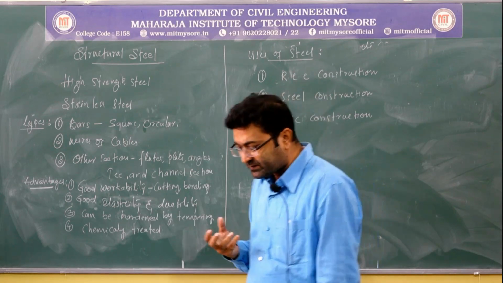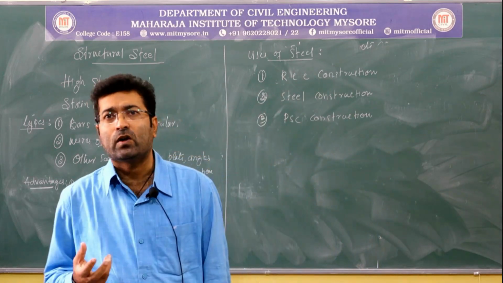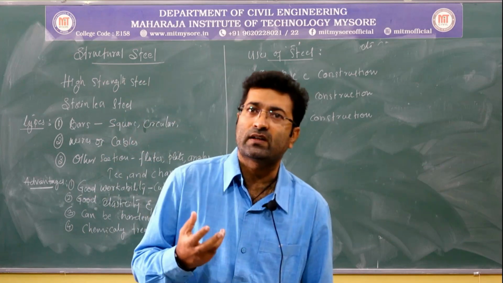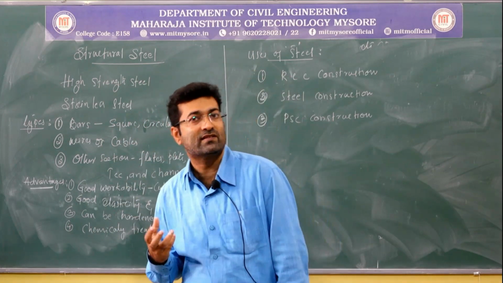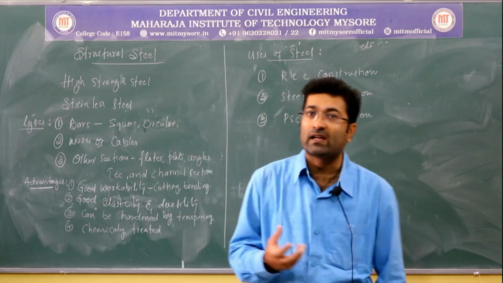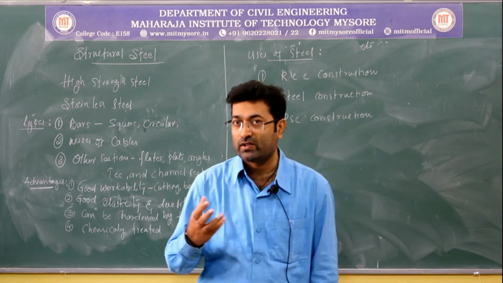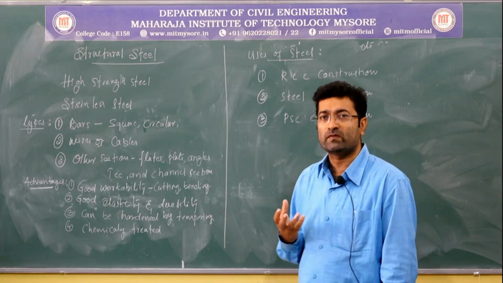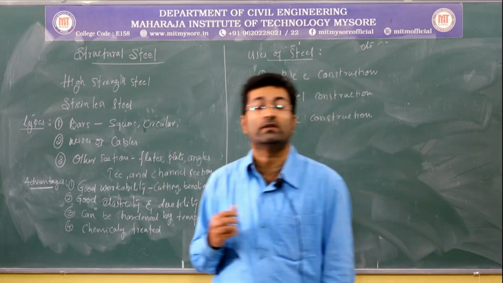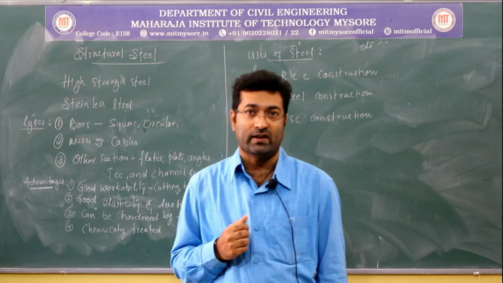Also, instead of RCC or PSC, if you are constructing steel structures, there also we use this steel in the forms of angles, channels, I sections, T sections. So, in many different forms we are using this steel in the construction activity.